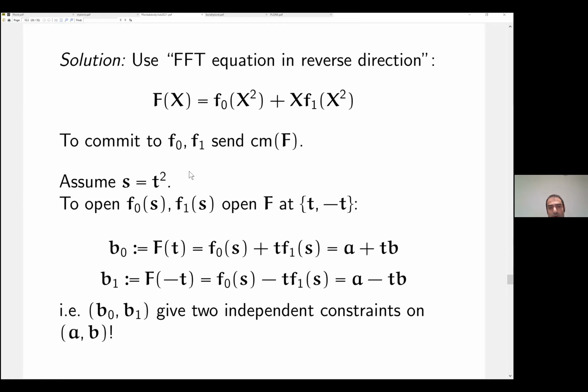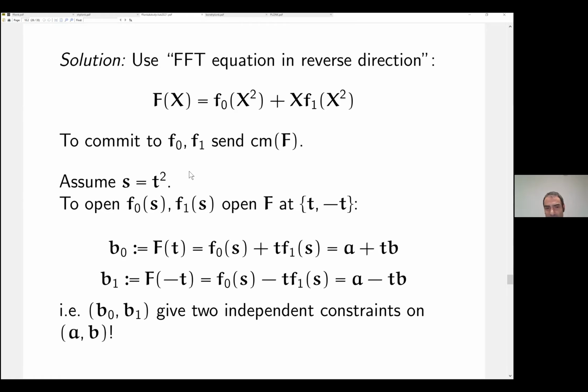So the point is that if we verify that B0 and B1 are correct, it imposes two linear constraints on A and B, and so it proves that A and B are correct.